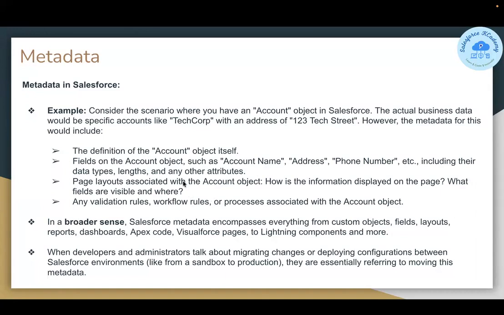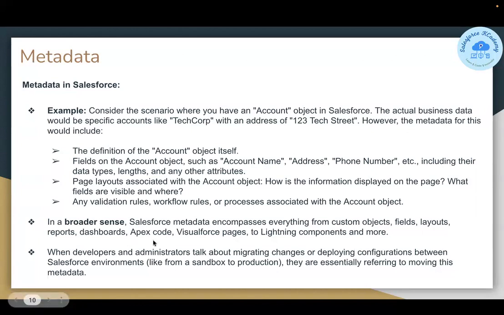Page layouts, how the fields are displayed, and validation rules we have seen in the last classes, even those come under the metadata. But this Tech Corp, 123 Tech Street comes under the real data, actual business data. Got it?